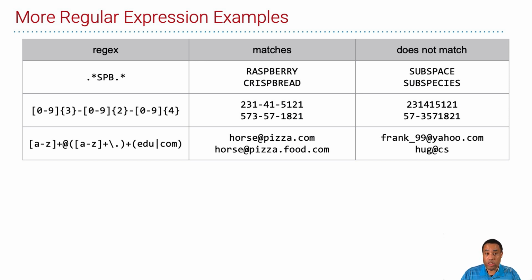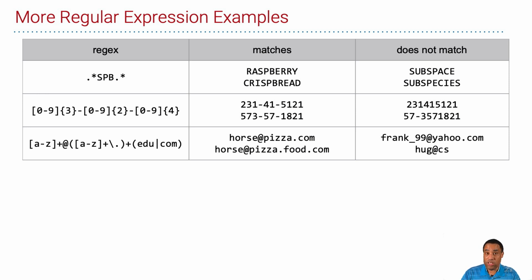So that'll match anything with the substring capital S, capital P, capital B. So it could start with that, it could end with that, or it could be in the middle. And so here, raspberry will match, crisp bread will also match, but subspace will not match because it does not contain SPB, and subspecies will not match for the same reason.